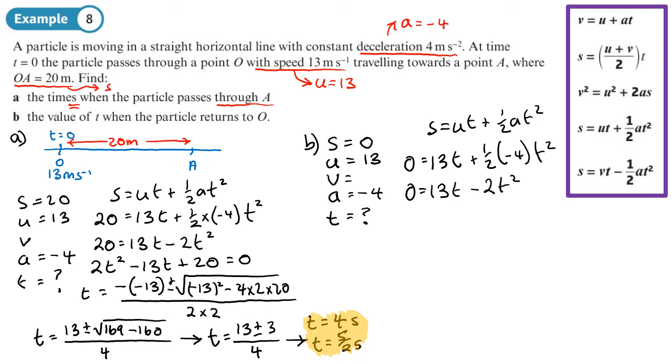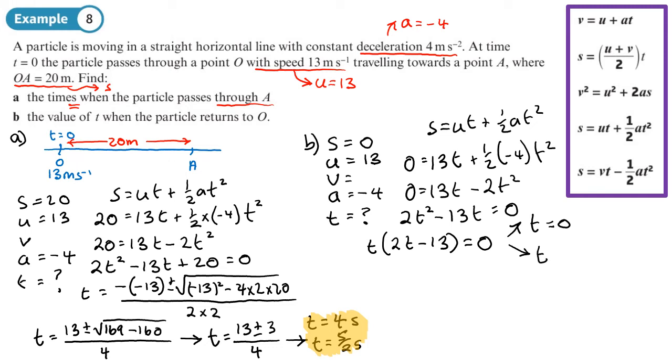Now that's easy to factorize because that'll be 2t squared minus 13t equals 0. So that'll just be a t outside the bracket, and then 2t minus 13 equals 0. So that will give us t equals 0. Well, we expect that. It will be at the origin at the start, but when it returns to it, it will be the other value of t.